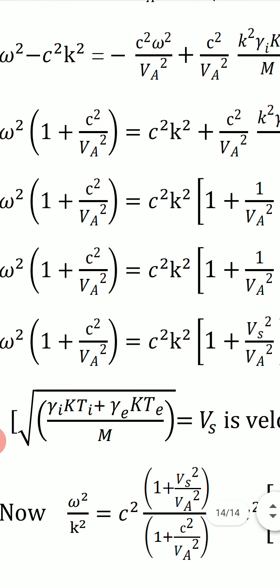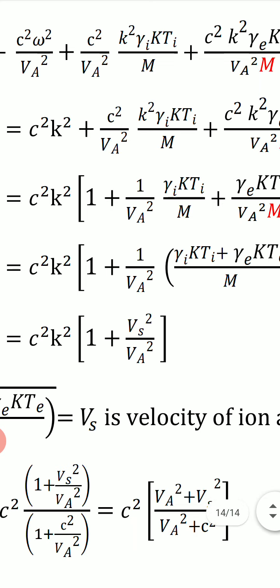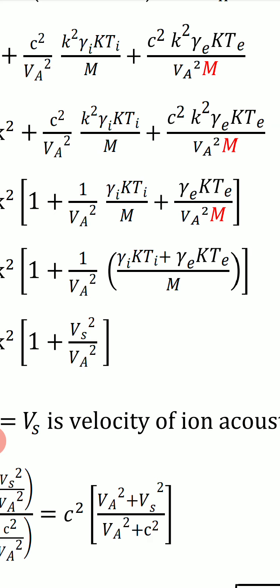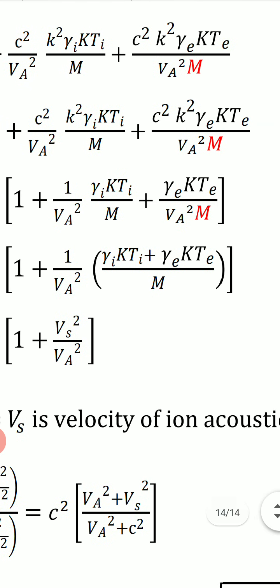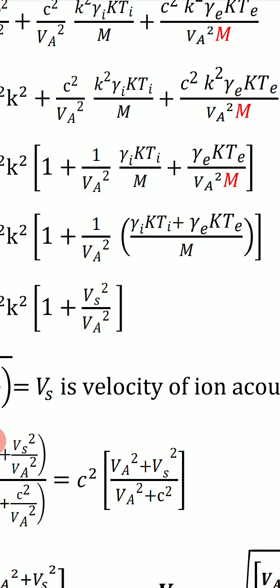Now simplify this right hand side, take C square K square common, we have C square K square into 1 plus 1 upon Va square gamma I kTi upon m plus gamma E kTe upon Va square m. In right hand side, inside the bracket, in last two terms take 1 upon Va square common.